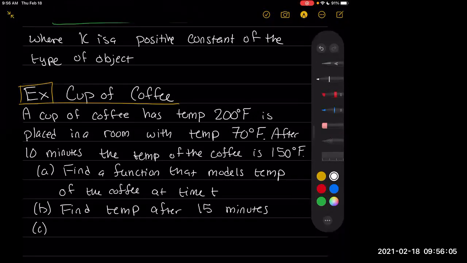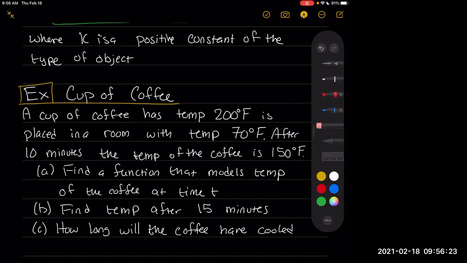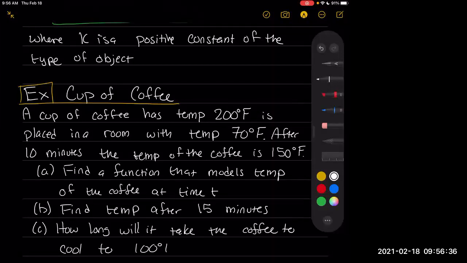And then we're going to see how long will it take the coffee to cool to 100 degrees Fahrenheit?